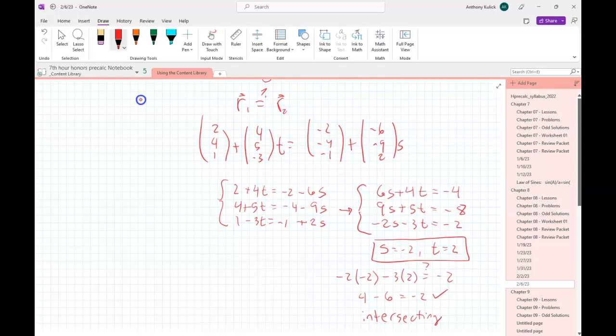So negative 2 for S and positive 2 for T do satisfy the third equation as well. So this system has a solution.